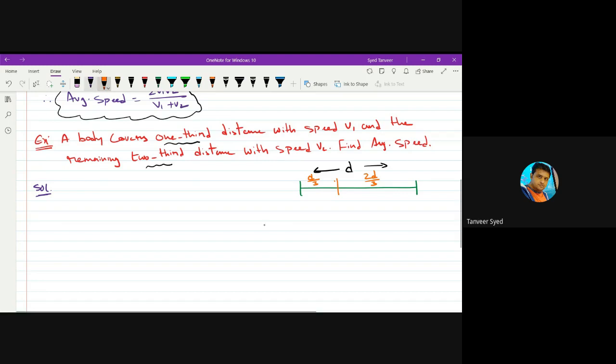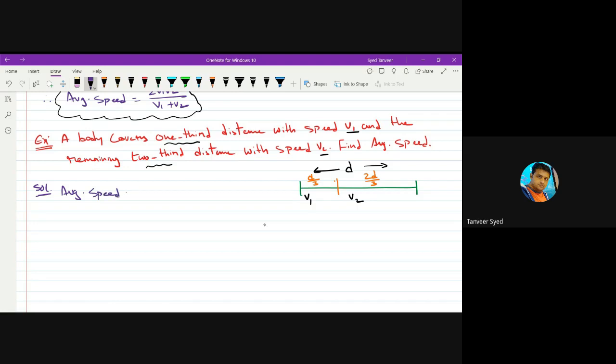The first part, d by 3 distance, is covered with speed v1. The second part, 2d by 3 distance, is covered with speed v2. Now we want average speed.